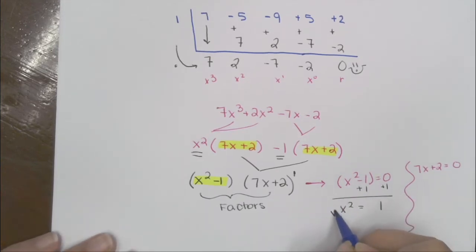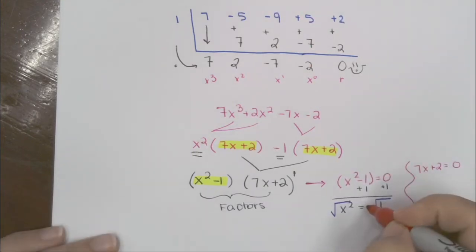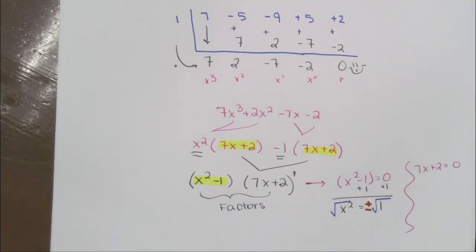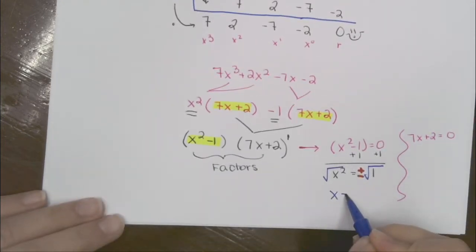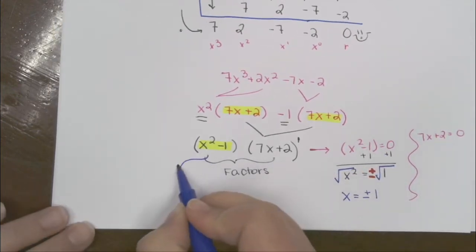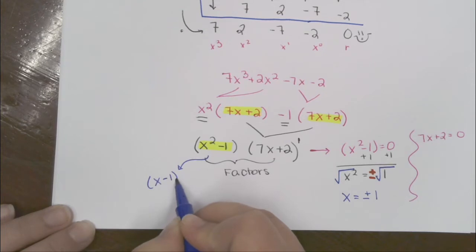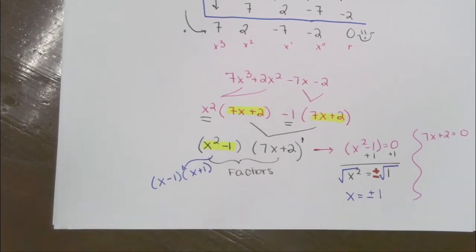I'm going to take the square root of both sides, which means, don't forget this part, you have a plus minus in front of that square root now. So that means x is equal to plus minus 1. Now, if you didn't do this and you saw the factors, you could have had x minus 1, x plus 1, and then set each one of those equal to 0 and solve. So there's two ways of doing it.